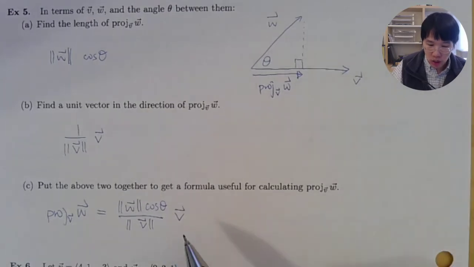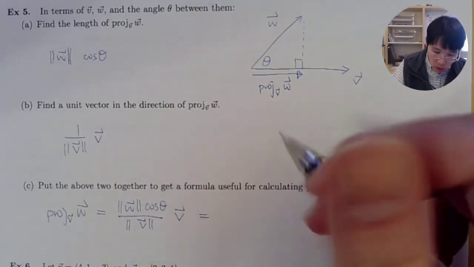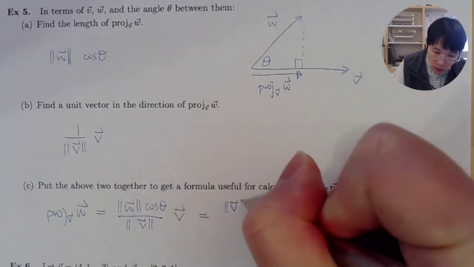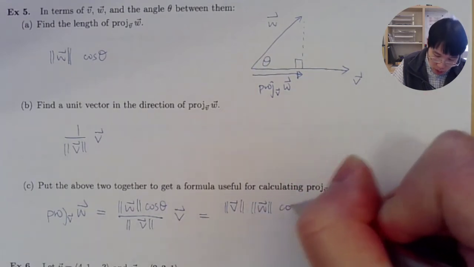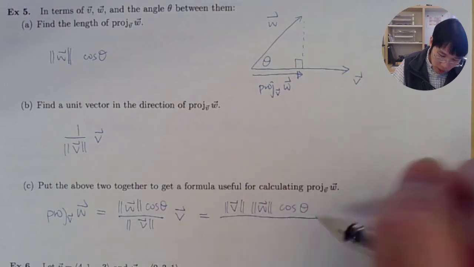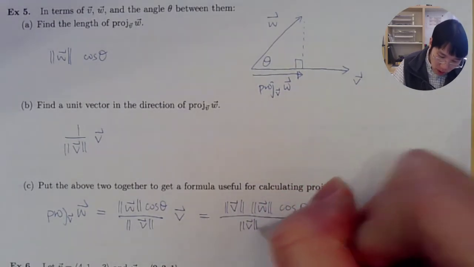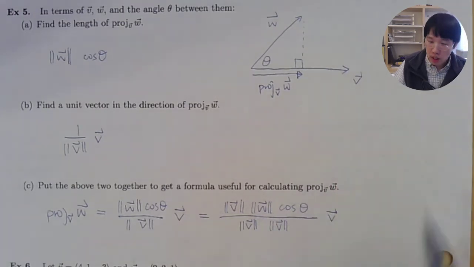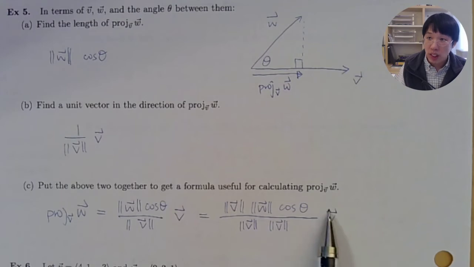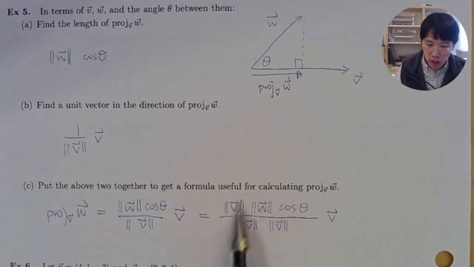But notice this cosine. That came up from the last page. We can also write this as v times the length of v times the length of w times cosine theta, and by multiplying by the length of v on top, I should also multiply by the length of v on the bottom. And I still have a v outside, so don't get confused. This is a vector right here, and these are numbers, and so that's an entire number.